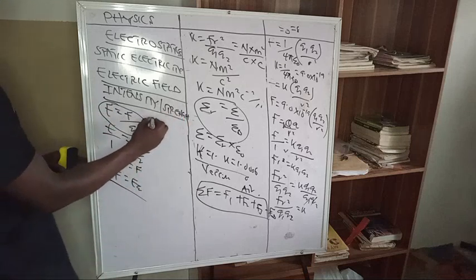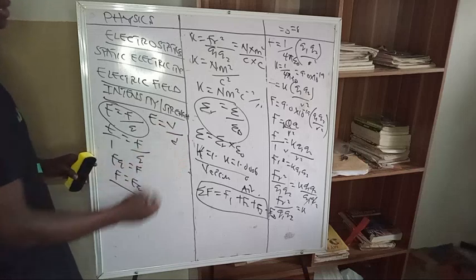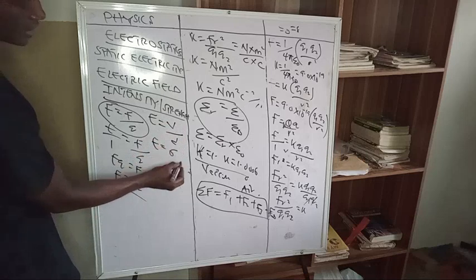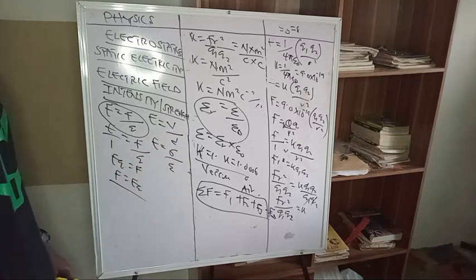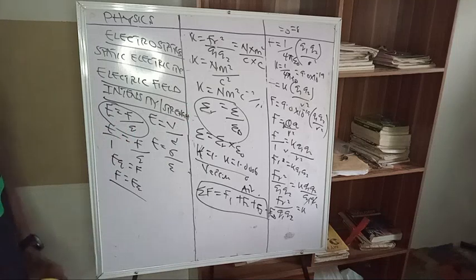The other supplementary formulas we use are electric intensity equal to voltage over distance apart in a parallel plate capacitor, and electric intensity equal to charge density over the permittivity of free space. We can also use these supplements, but the real definition of electric intensity or electric field strength is the force per unit charge.